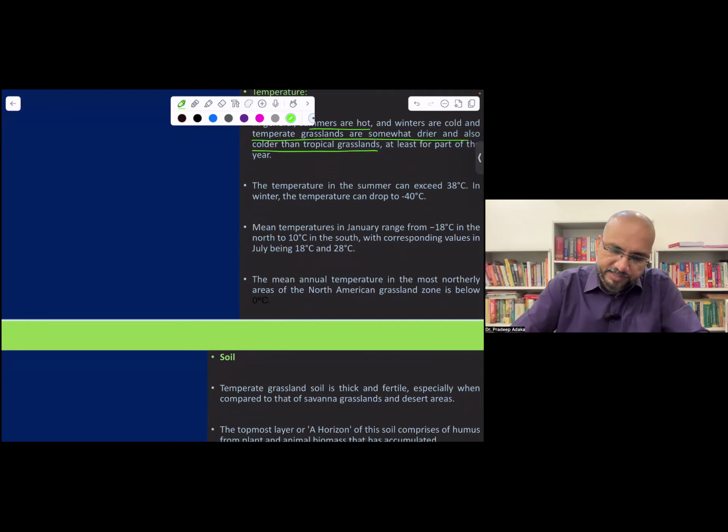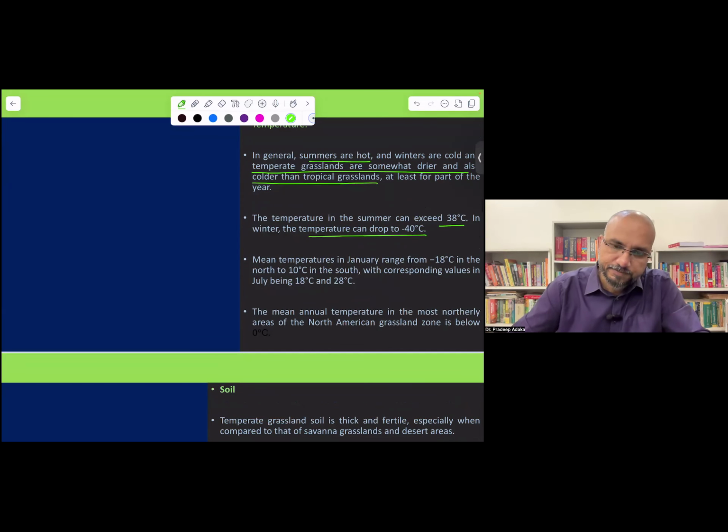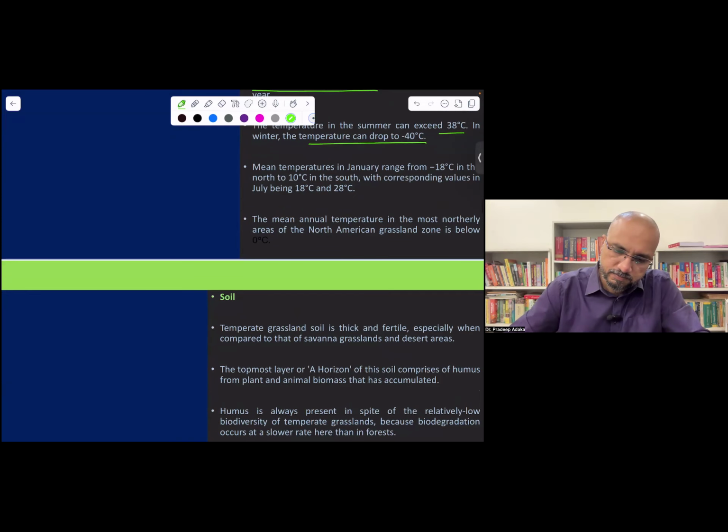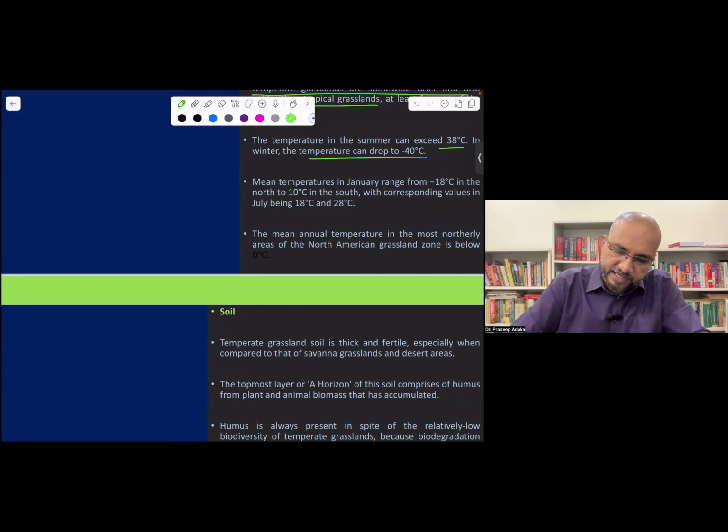Temperature in summer can exceed 38 degrees, and in winter it can drop to -40. That is the temperature range. Mean temperature in January can range from -18 in the north to 10 degrees in the south.